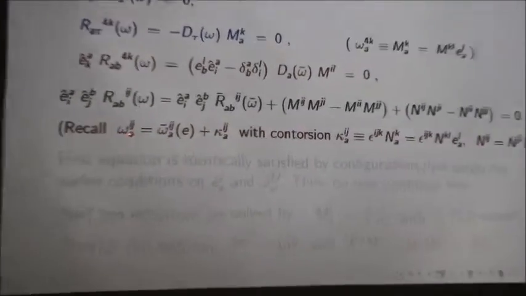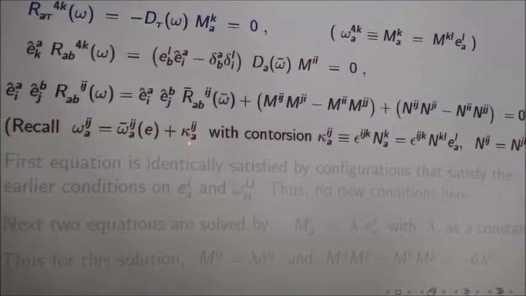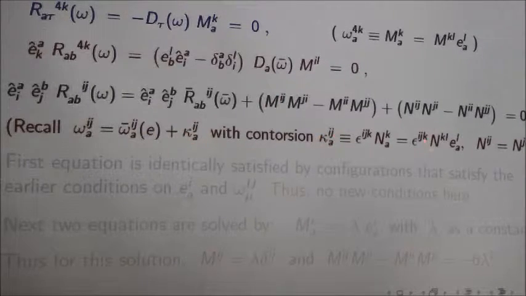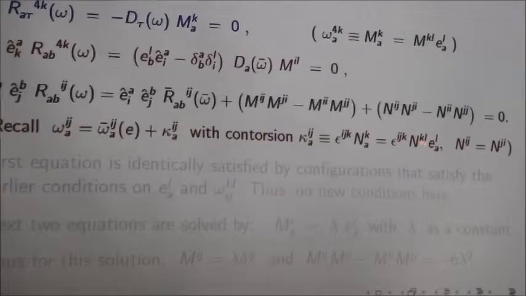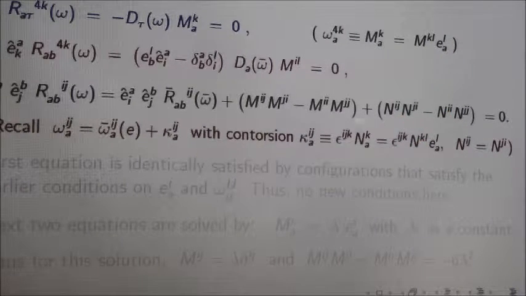Recall, we had broken omega A_ij into the torsion-free part and the contortion piece. The contortion piece we had parameterized in terms of these N_KL matrices and symmetric matrices, and that's what these N_KLs are. And M's are, just to remind you, components of this connection being written in a different way.